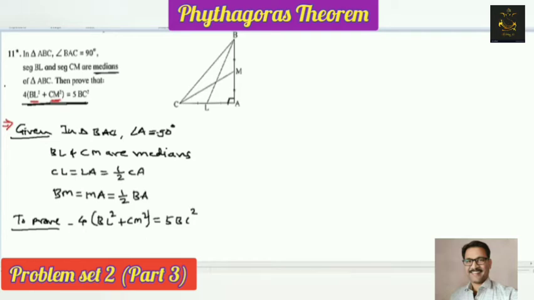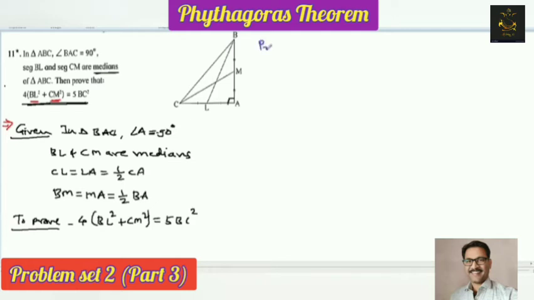Now just try to observe here. This is one of the important parts. See here, in 3 triangles I will apply Pythagoras. First, in which triangle do we have to apply it? Take that bigger one, BAC. We'll write the proof part now. Proof.